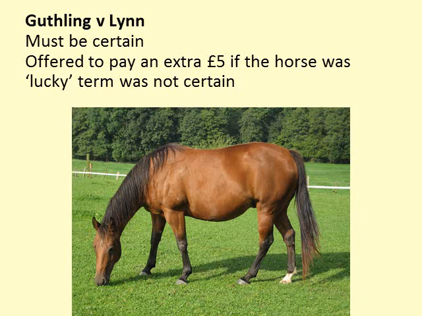Unsurprisingly, the court held that this term was too vague. It wasn't certain enough. What does it mean by lucky? Now, in reality, both the buyer and the seller knew, because this was a racehorse, it was to do with winning races. But that was never disclosed. That was never mentioned. The only word that was ever used was lucky, and it wasn't clear what that luck entailed.